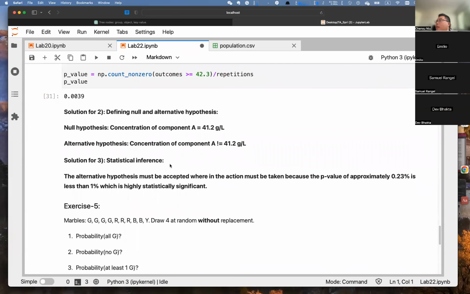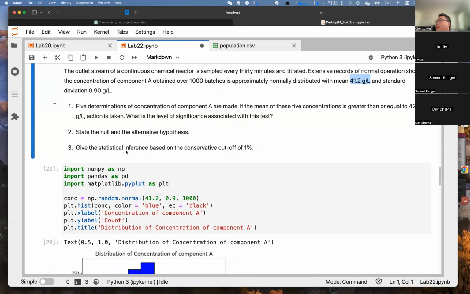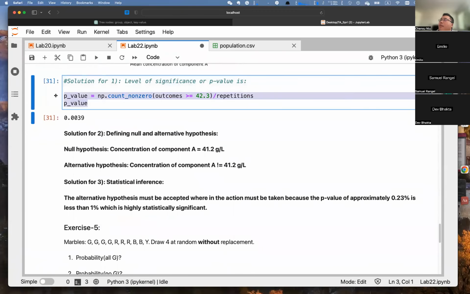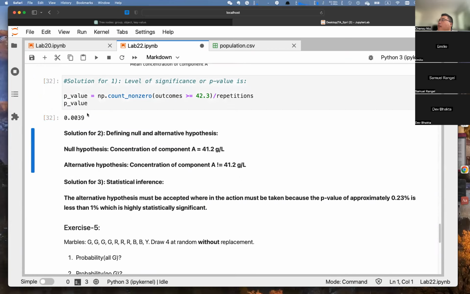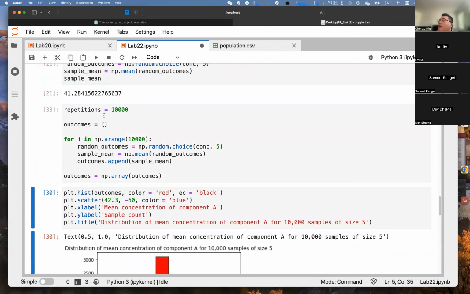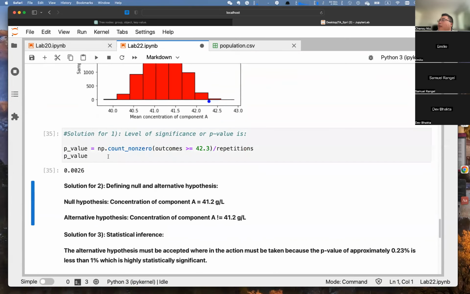And for the third one, give the statistical inference based on this one. Because we have already computed the p-value from the first question, the alternative hypothesis must be accepted. Because it's a repetition, every time you run it the result would be different.